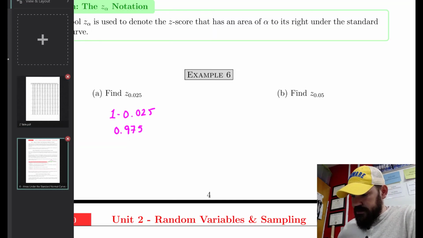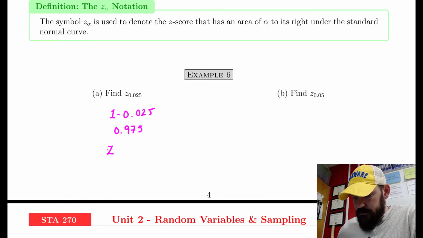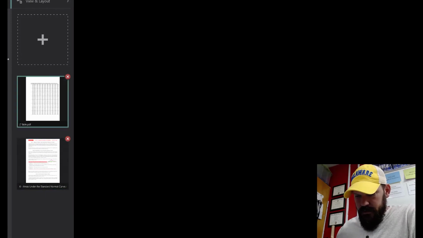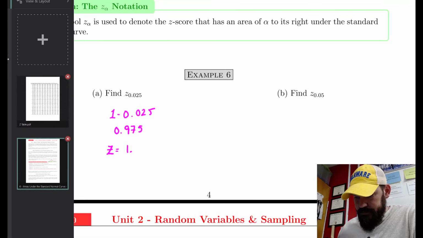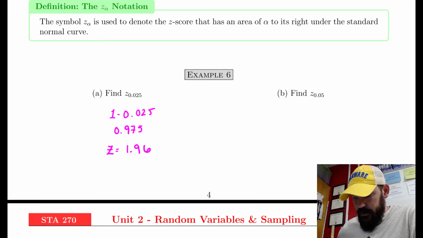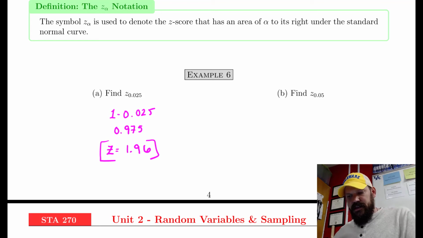So z sub 0.025 is equal to a z-score of 1.96.